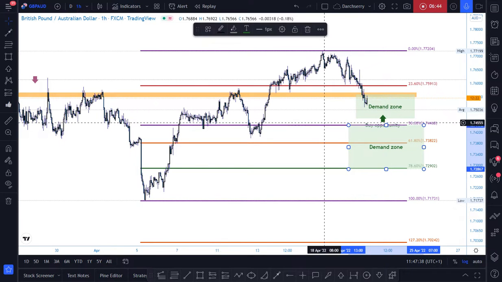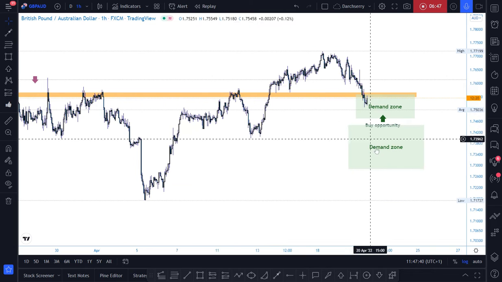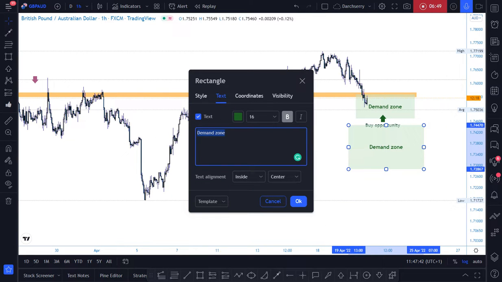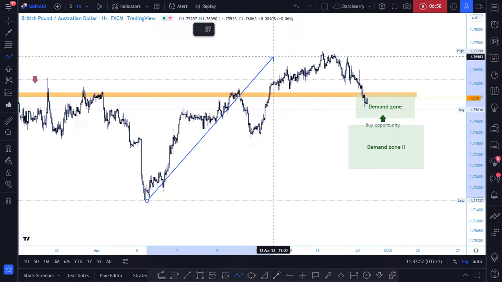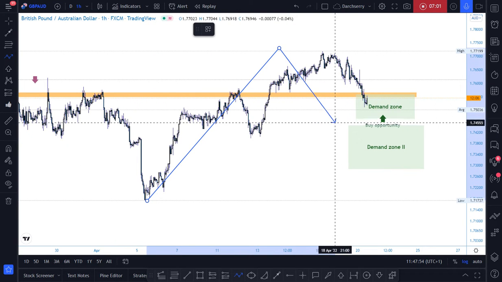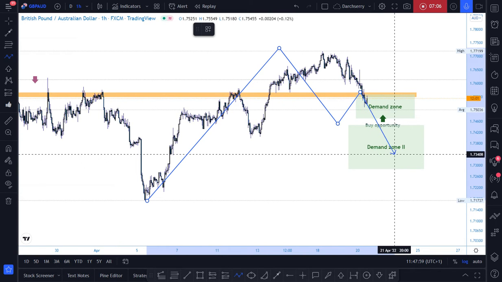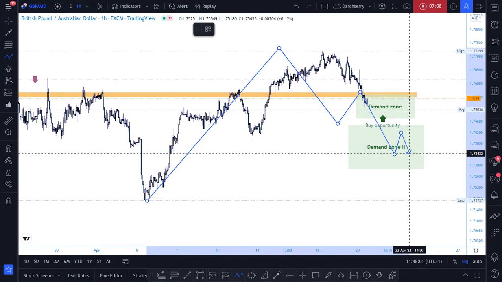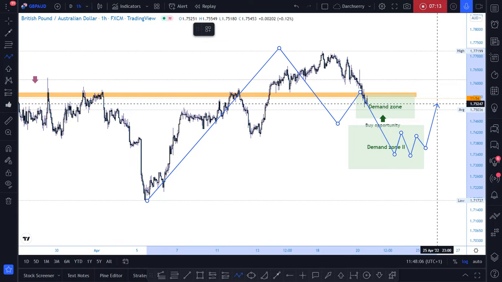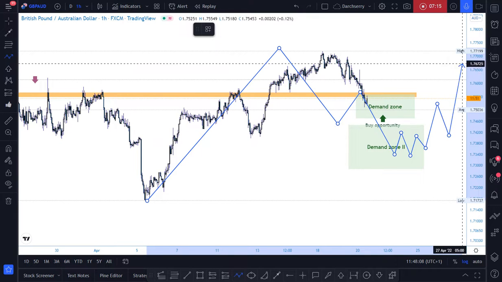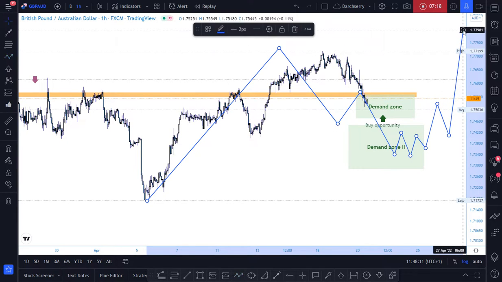If the first demand zone does not work out, that is, we have a breakdown of that demand zone, then we'll be looking for an opportunity around this area in the form of a reversal structure like this before a breakout of structure, a confirmation, and a trend continuation to the upside.